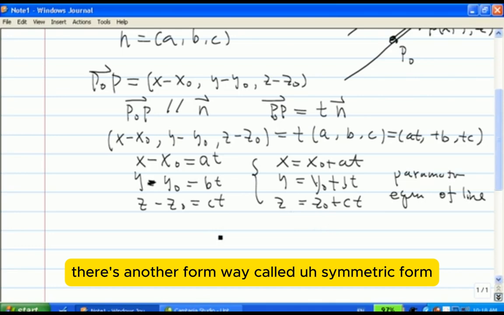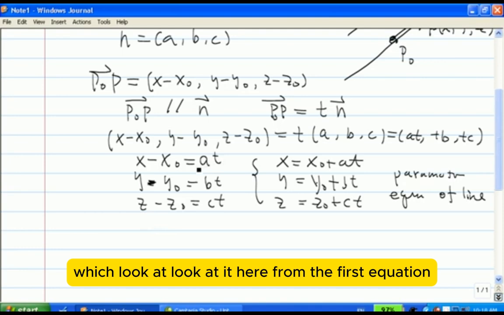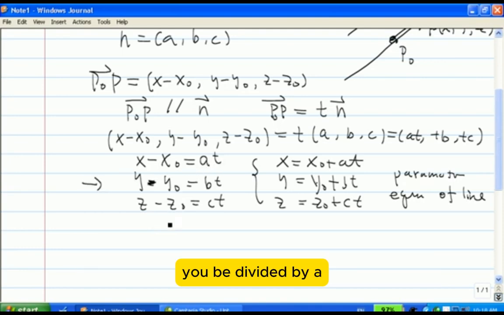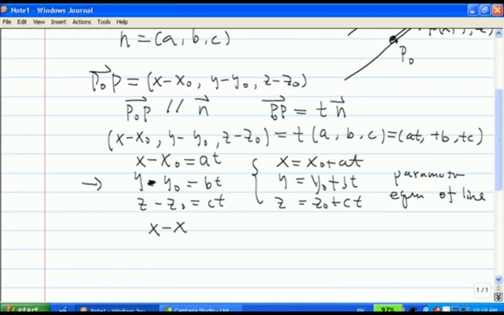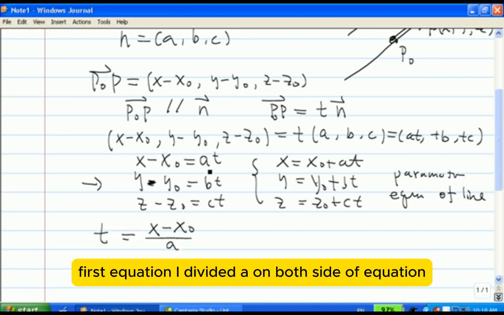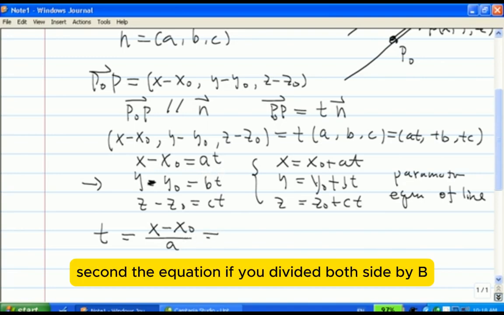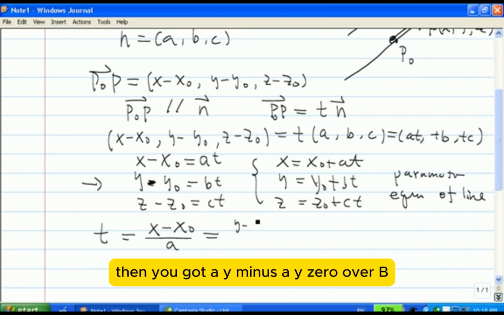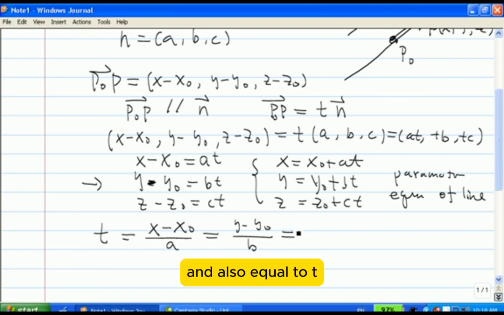There's another form we call the symmetric form. Look at it here. From the first equation, if you divide both sides by a, you get (x minus x0) over a equal to t. Second equation, if you divide both sides by b, you get (y minus y0) over b, also equal to t.